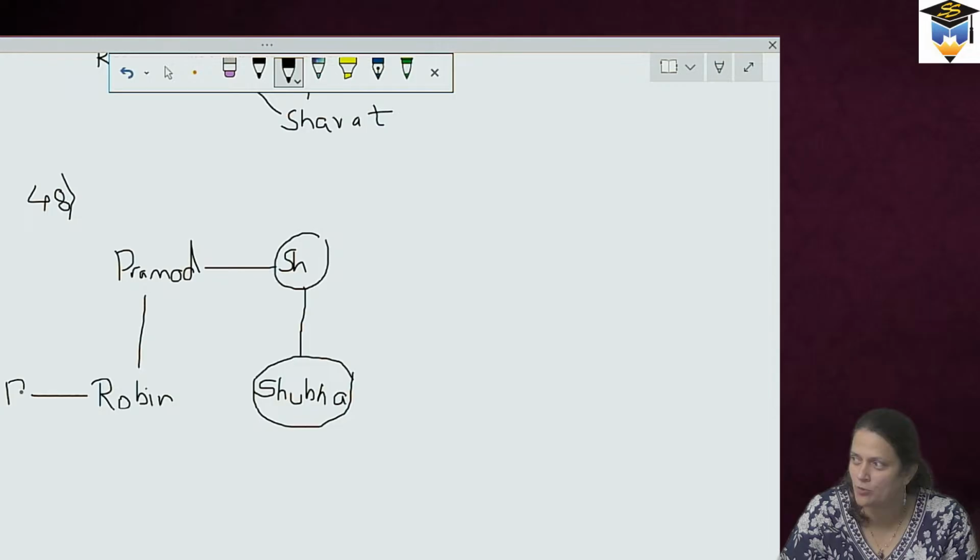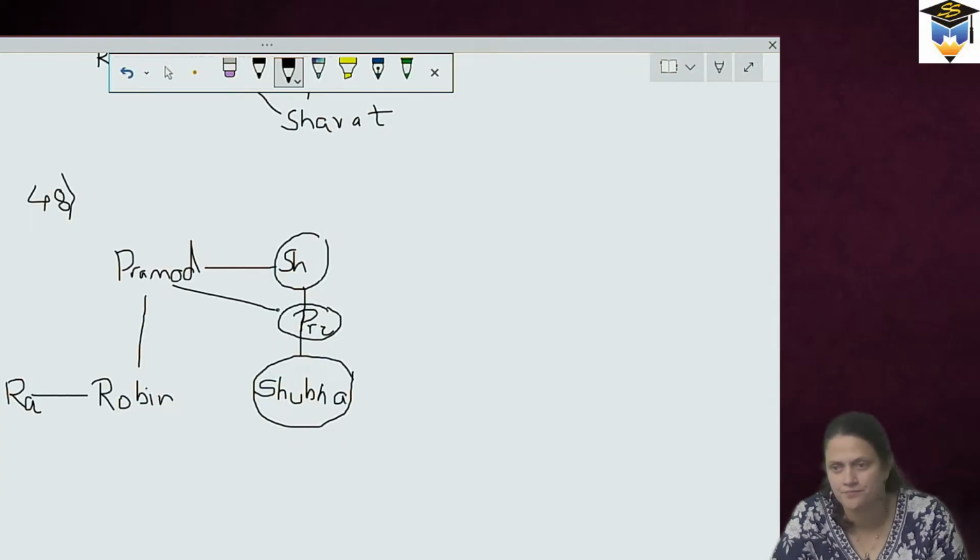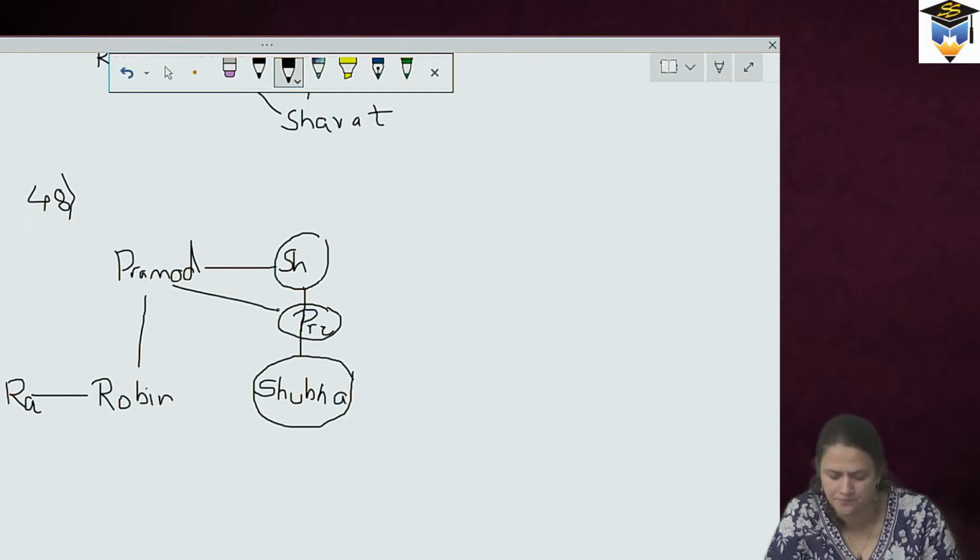Okay, so this is going to be Rahul. So Rahul and Robin, they are brothers. Now next, what is given? So here lies Prema. So she is Prema. And so what is the correct answer? Look. Rahul is uncle of Shubha.